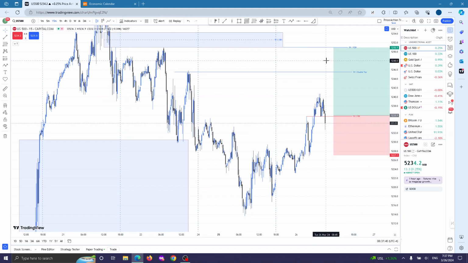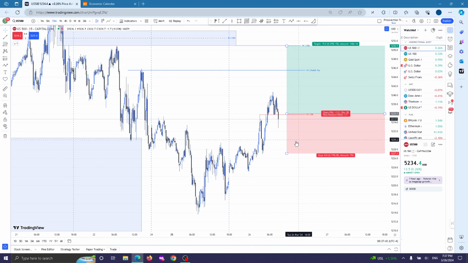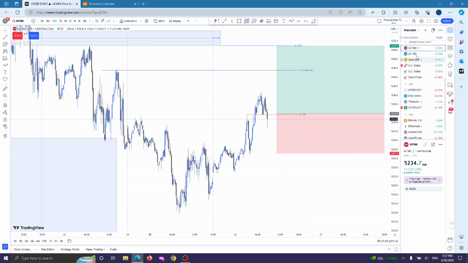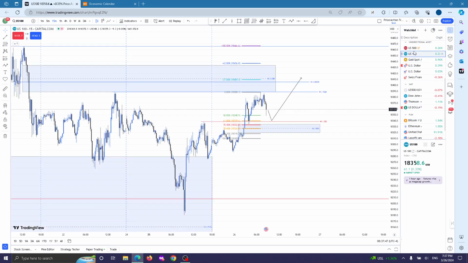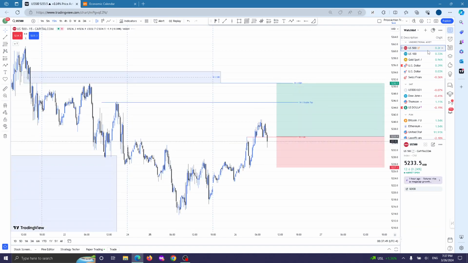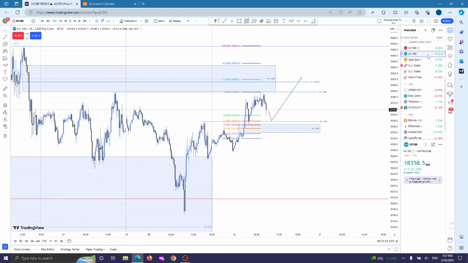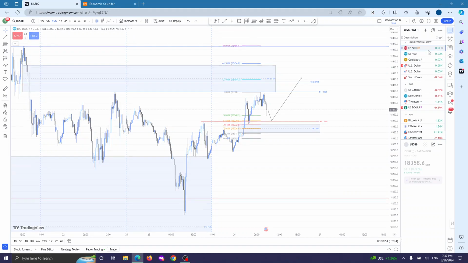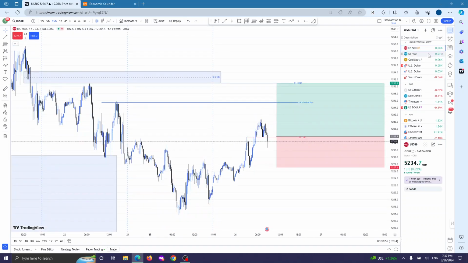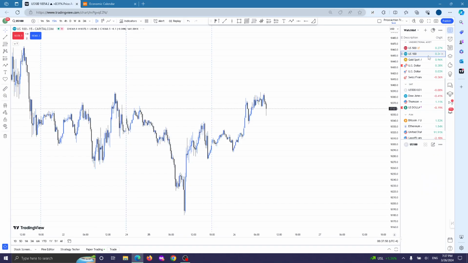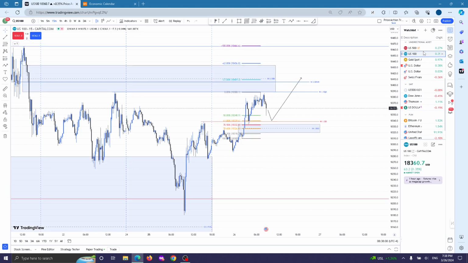Target this high instead. Will give us more. Looking for SMT. I don't think there is. There's no SMT.